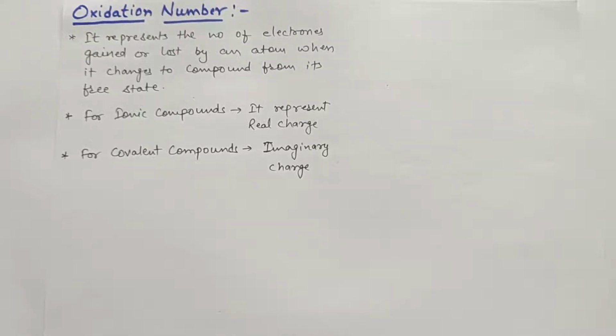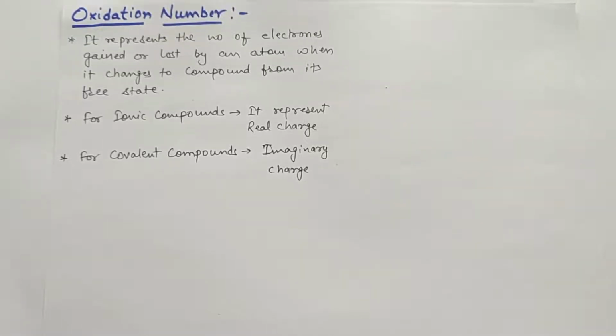The atom which loses electron will have a positive oxidation number and the atom which gains the extra electron will have negative oxidation number.